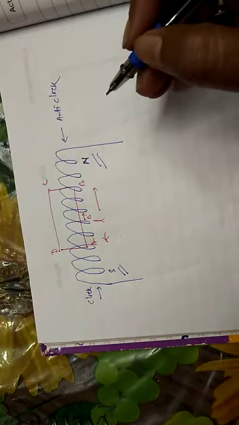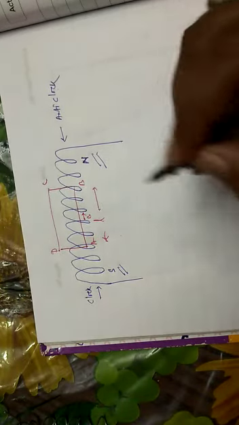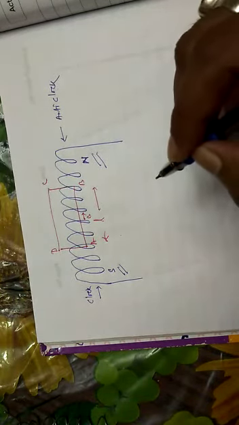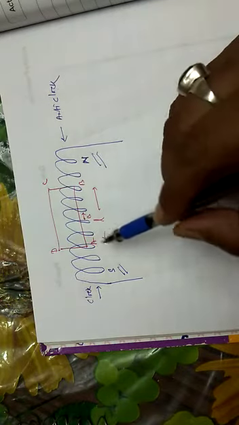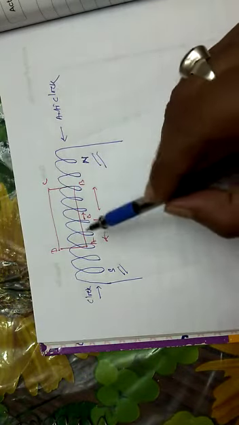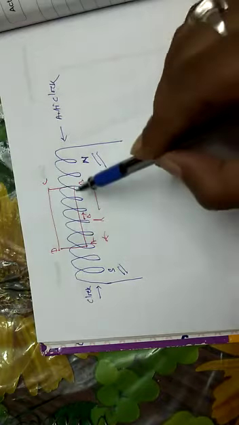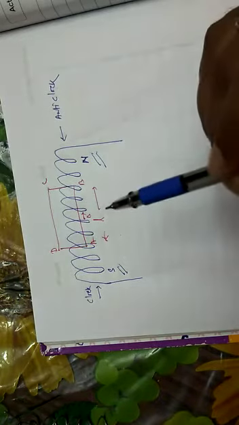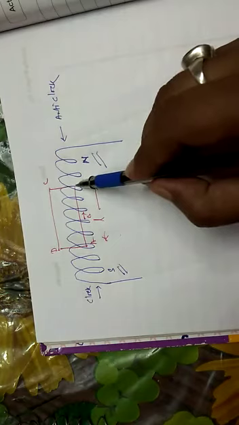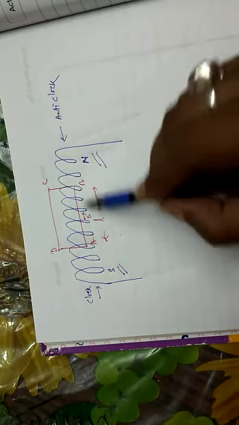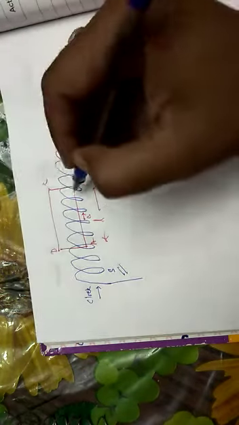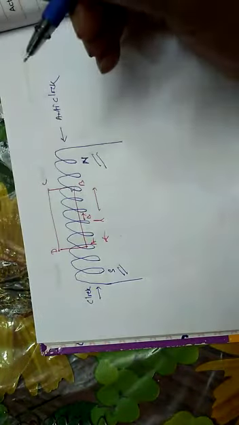And we will use Ampere's circuital law. To use it, we need a loop, and we are free to choose any kind of loop. Here we are choosing a loop ABCD, which is rectangular in shape. AB is parallel to the magnetic field, BC is perpendicular to the magnetic field, CD is parallel to the magnetic field, and AD is perpendicular to the magnetic field.